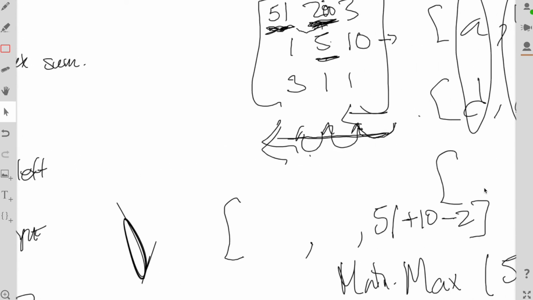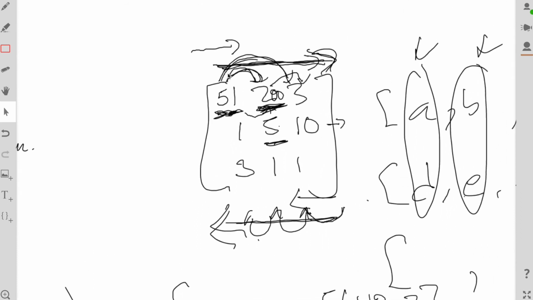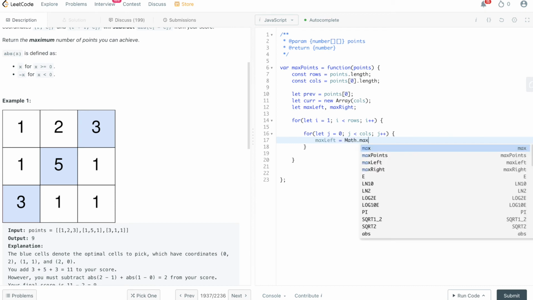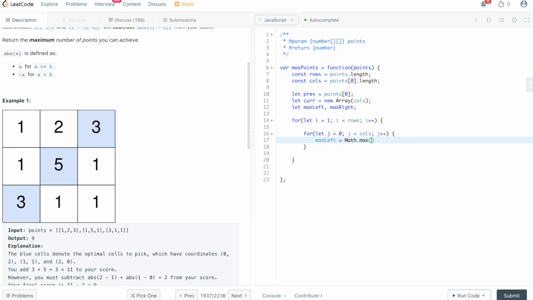Okay. So basically the max left is going to be whatever max value we currently have, and that we want to move along this accumulator path. So max left really is equal to math.max of our previous max left, and we want to subtract 1.